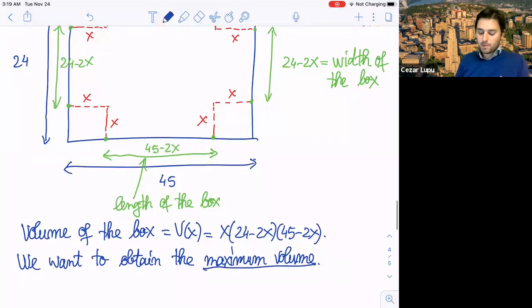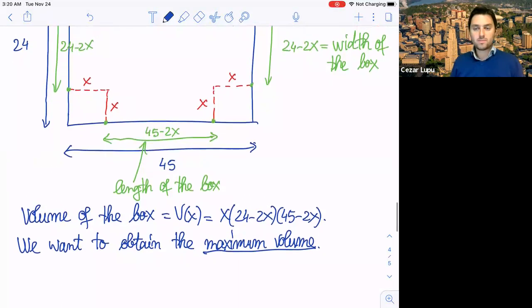So keep in mind that this is the function, as you can see it, v of x is x times 24 minus 2x times 45 minus 2x. Now, again, at this point, this is just a calculus problem, so we would like to take the derivative of this. So the derivative, v prime of x, well, it's a product.